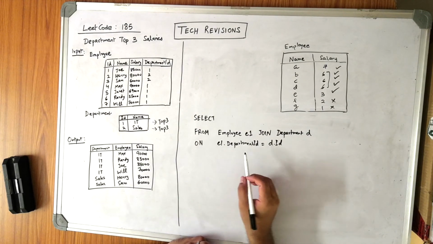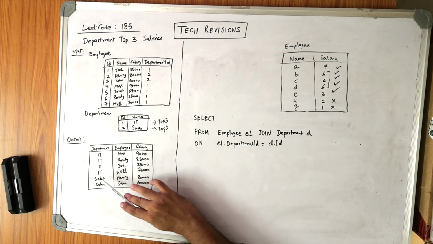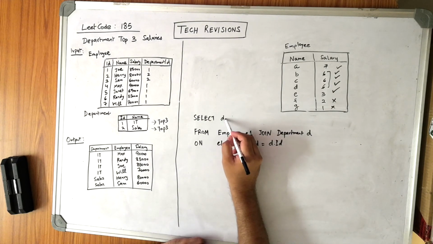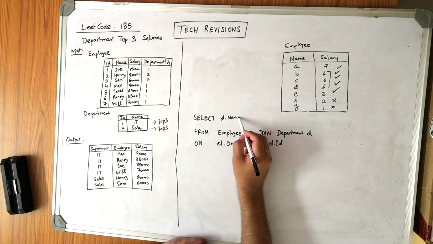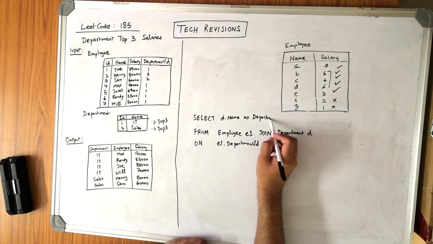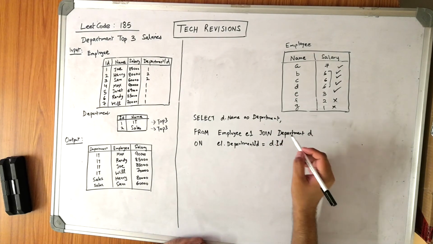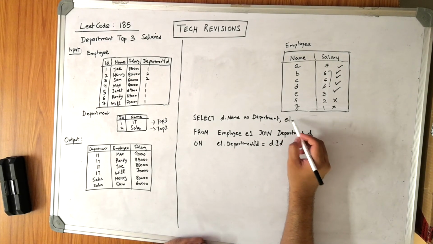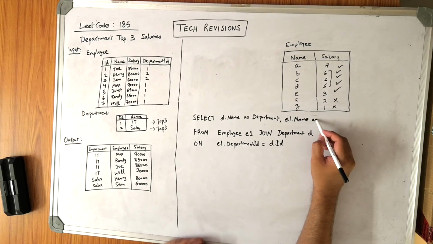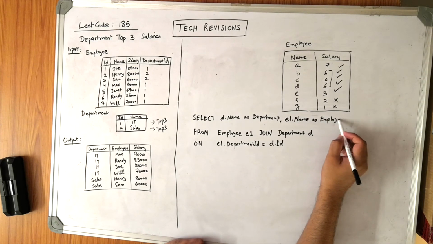And then let's write the select part. So what we want is, first column is department, and then it is the name. So we will say D dot name as department, right? Because that's the name of the column. And then E1 dot name, that is the name of the employee, as employee, right?